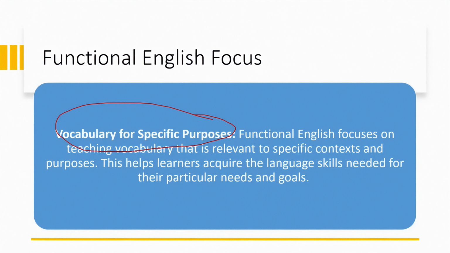If the person is studying social sciences, computer sciences or business studies, they would be taught the vocabulary relating to their specific fields. So functional English focuses on teaching vocabulary that is relevant to the specific context and purposes. This helps learners acquire the language skills needed for their particular needs and goals.